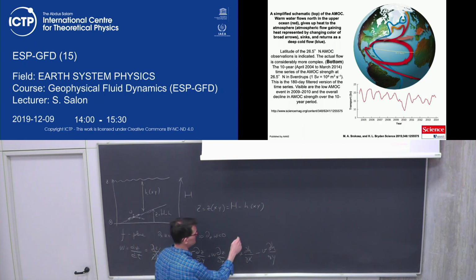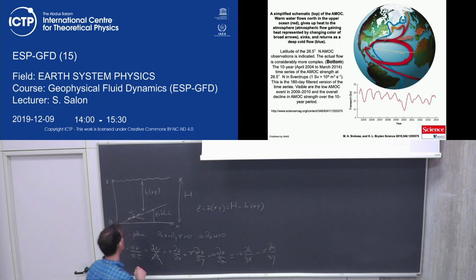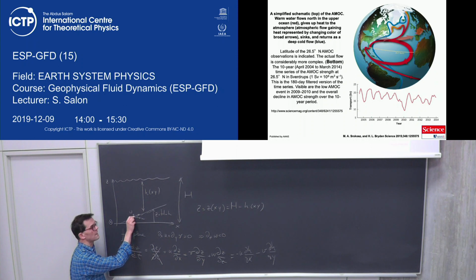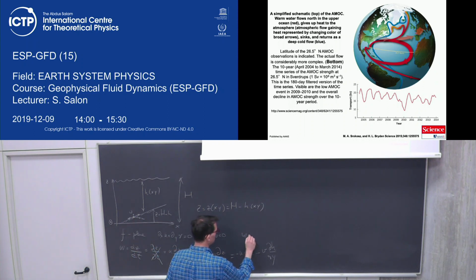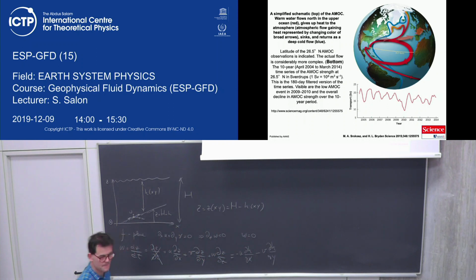But be careful, since we have a solid boundary, and we cannot have any kind of generation of mass, we have to take w equal to 0. So this w has to be 0.